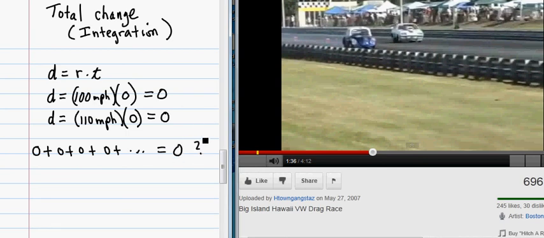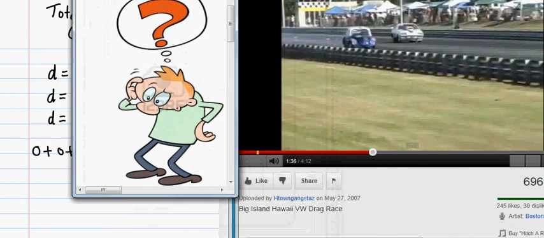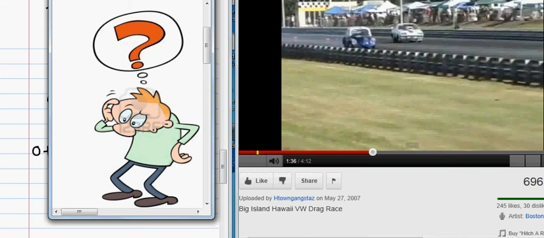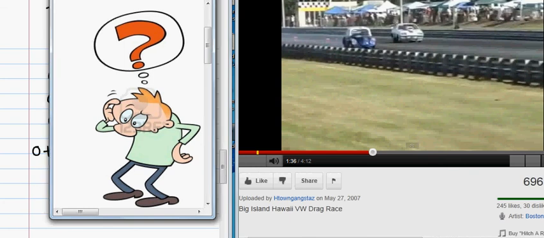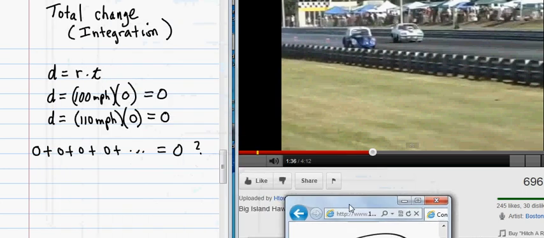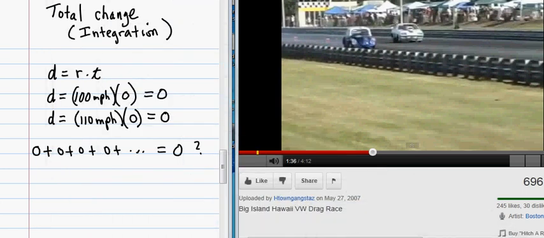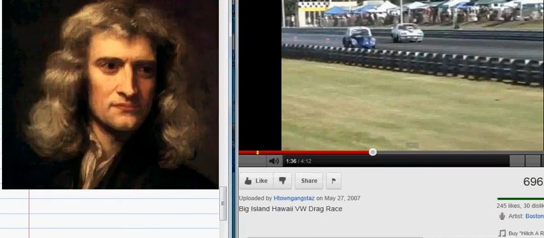Or do they? So again, we have this guy. What is going on? How can you add up a bunch of things that are all 0 and come up with anything at all? Again, that question had everybody stumped for hundreds of years, centuries, until they just gave up. Until this man, Newton, Isaac Newton.